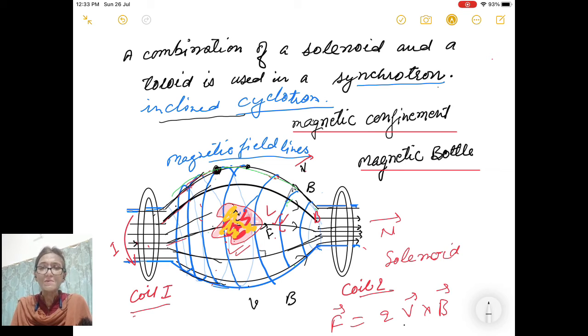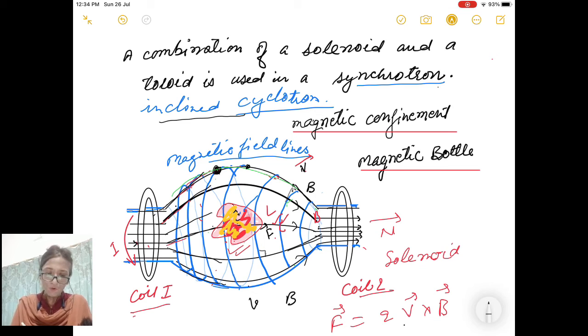We contain substances in some bottles, in some containers, but if the substance is very heated and has a temperature of 2000 degrees C, 4000 degrees C, or even more, such substances cannot be contained even in any metallic container. Those substances are contained in a magnetic bottle or magnetic confinement.